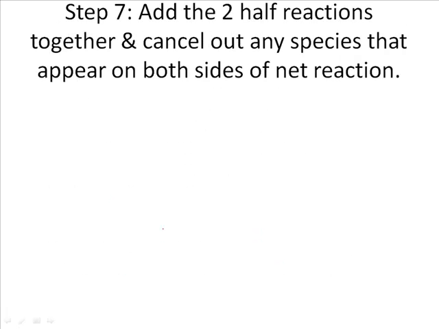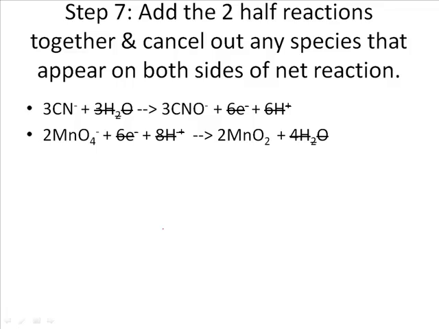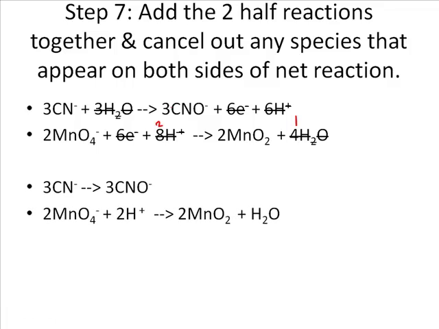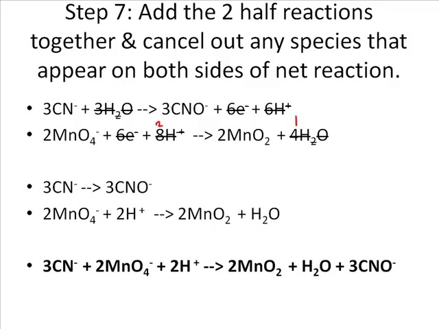Step 7, add the 2 half reactions together and cancel out any species that appear on both sides of the net reaction. So when I add them together, okay, I get that, except this is going to turn into a 1, and this is going to turn into a 2. Okay, so when I add them together, I get that as my answer for step 7.